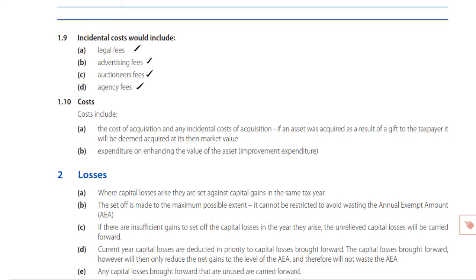What about your overall allowable cost? Obviously the cost of acquisition along with any incidental costs of acquisition. So if you buy a property, there will be legal expenses. Those legal expenses are another part of the cost that you incur.